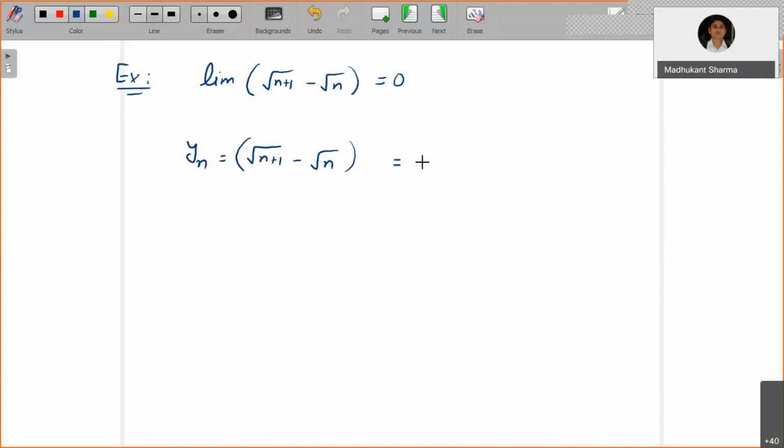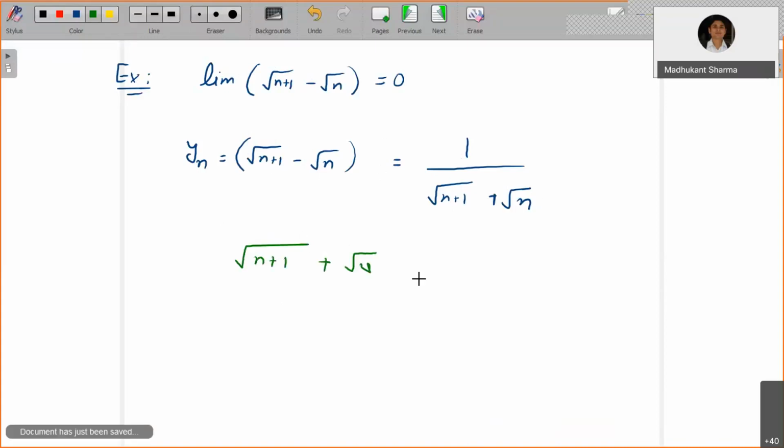Then it will be 1 by square root of n plus 1 plus square root of n. Now you know that square root of n plus 1 plus root n is greater than or equal to 2 root n and less than or equal to 2 square root of n plus 1 for every n.